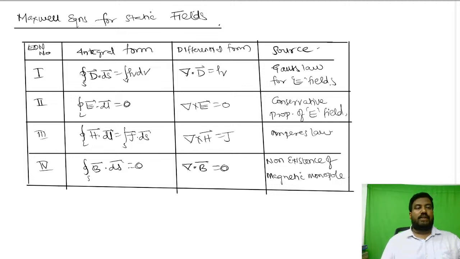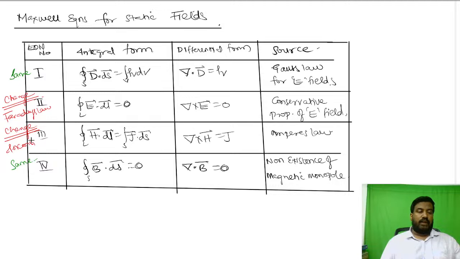In time varying fields, equation 1 and equation 4, the dot products, will be the same. The cross products, equation 2 and equation 3, will change. Equation 2 is changed by using Faraday's law.